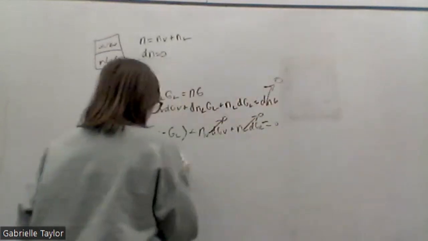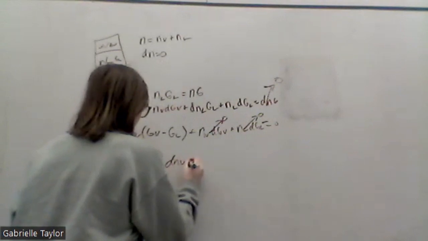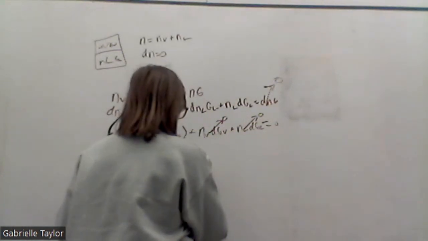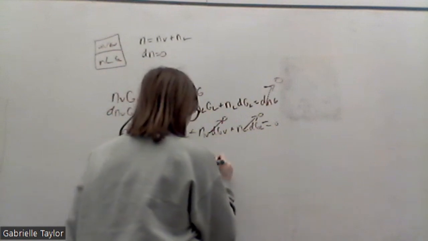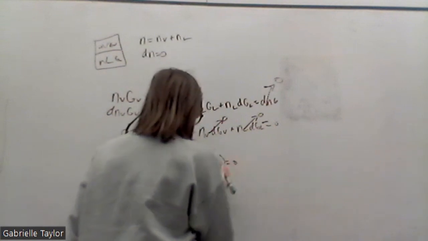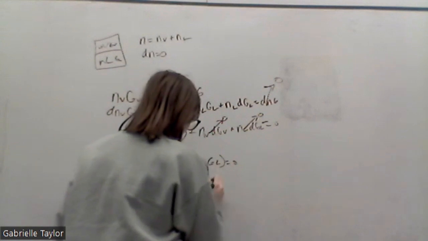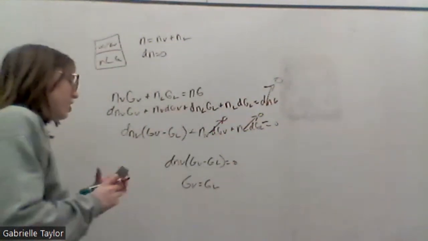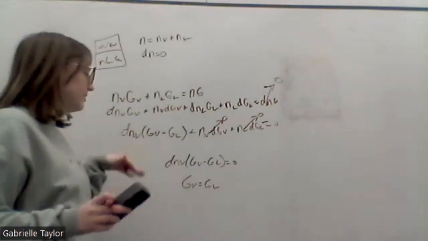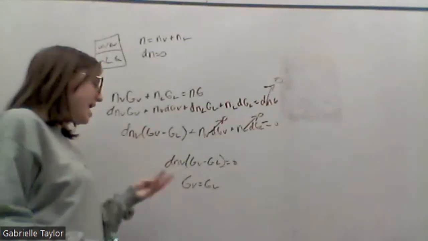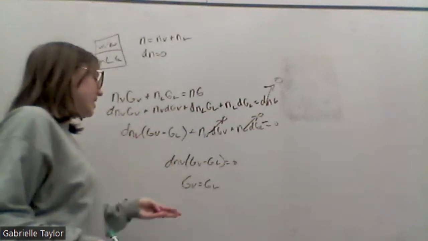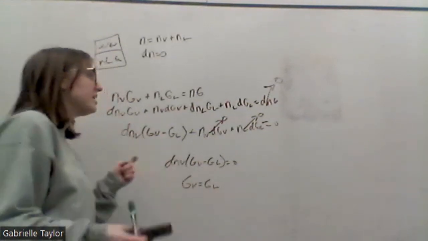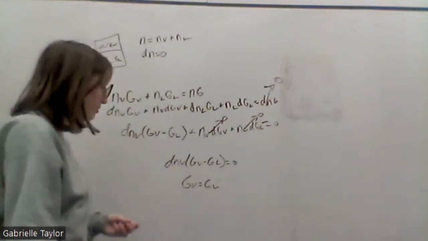So now we just have dG equals GV minus GL equals 0. And then we can just solve for it, so GL equals GV. So what this means is that our Gibbs free energy in the liquid and our Gibbs free energy in the vapor are going to equal each other. That means they are the same amount of energy in both.